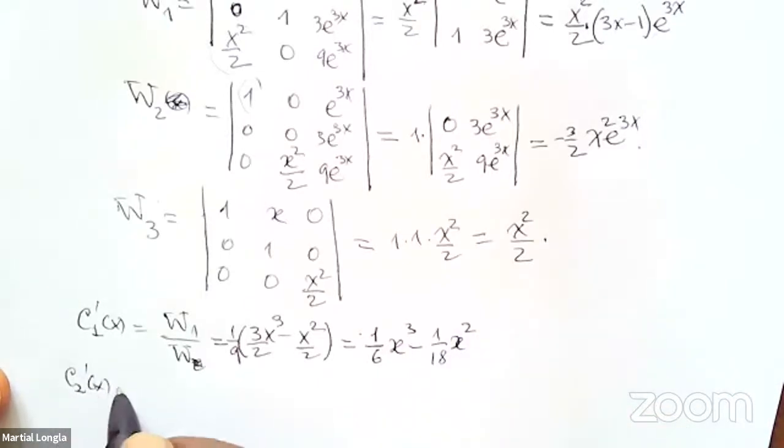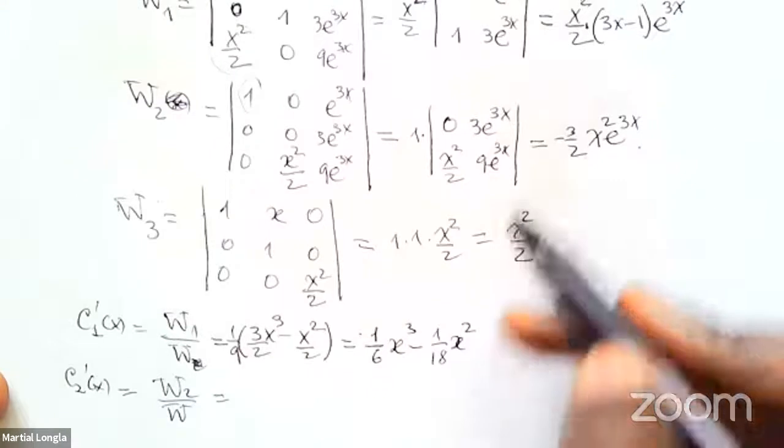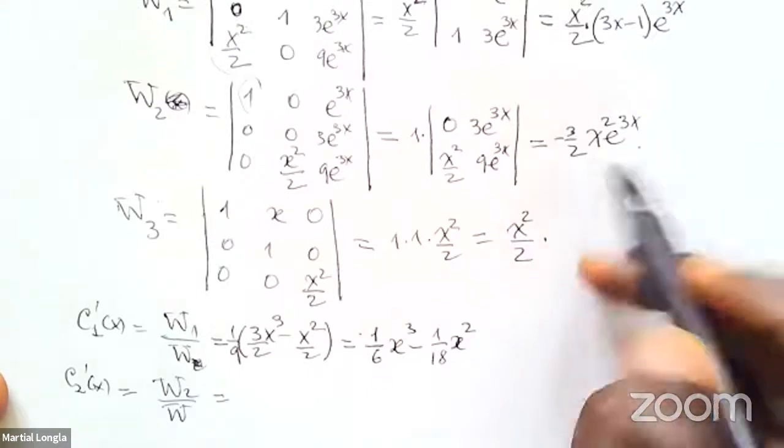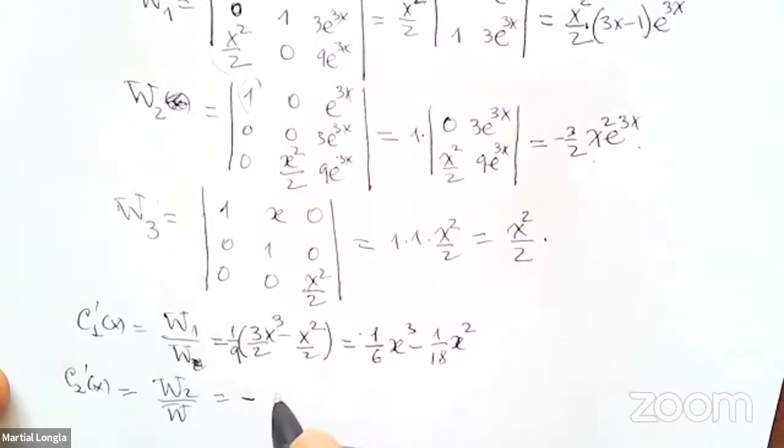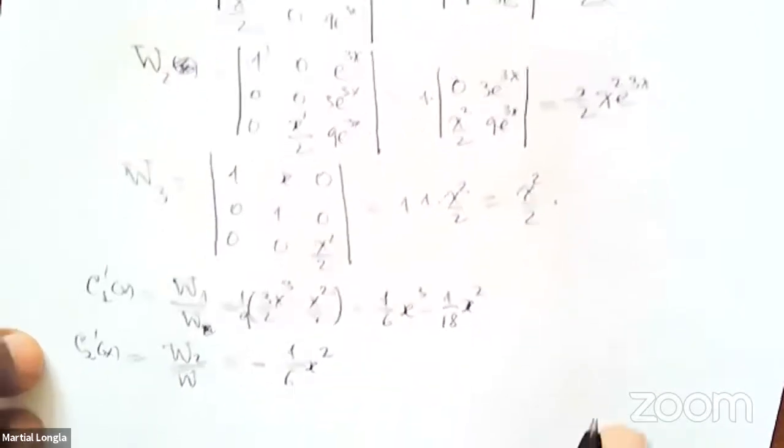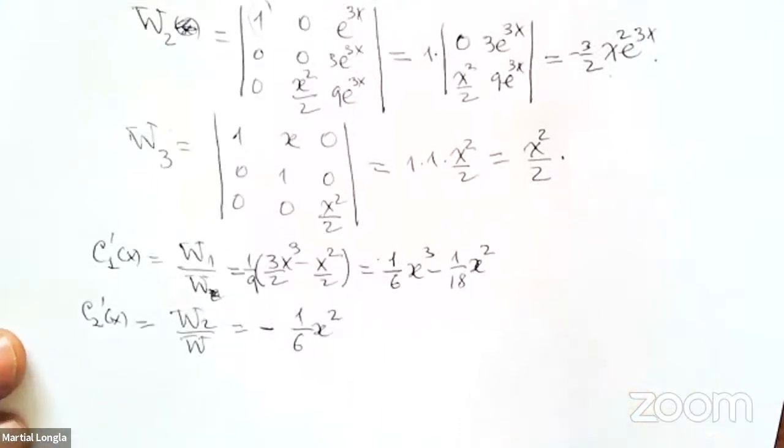C2 prime of x is w2 over w. So this is w2 over w. It's going to be negative 1/6 x squared. And the e to the 3x cancels.